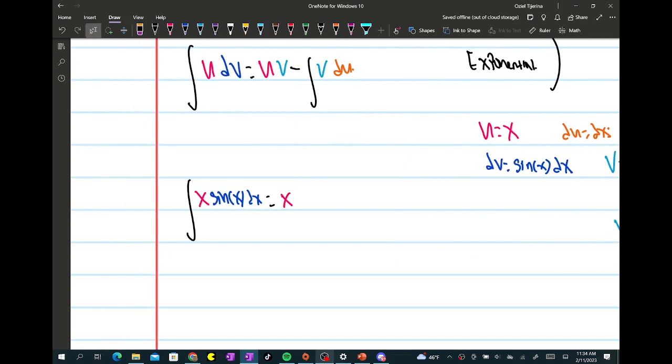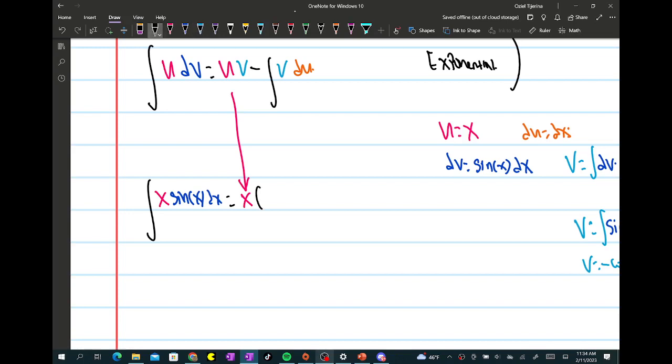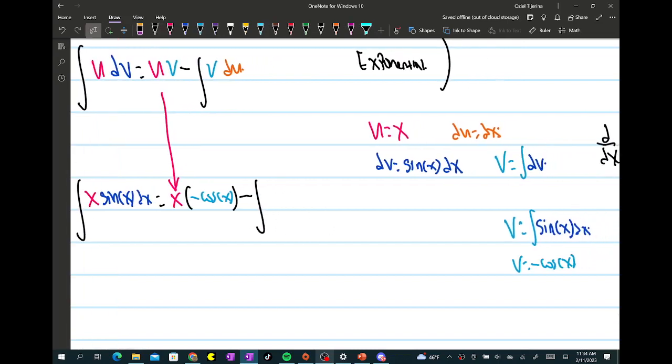This is x, that's u, times v, which is negative cosine of x, and then minus the integral of negative cosine of x times du, which is dx.